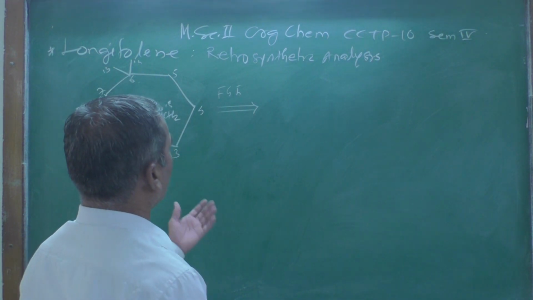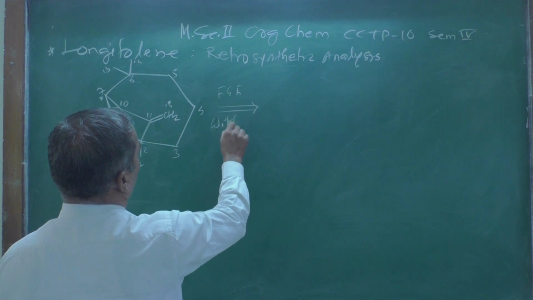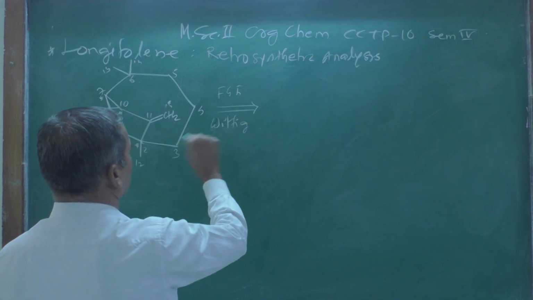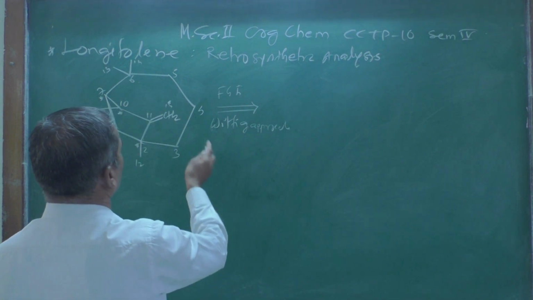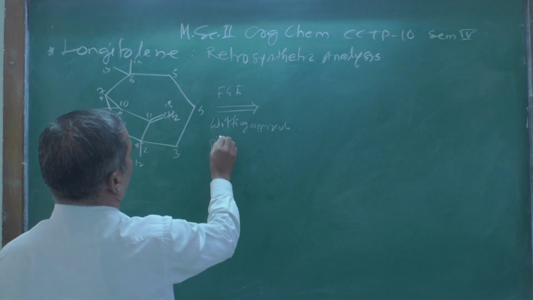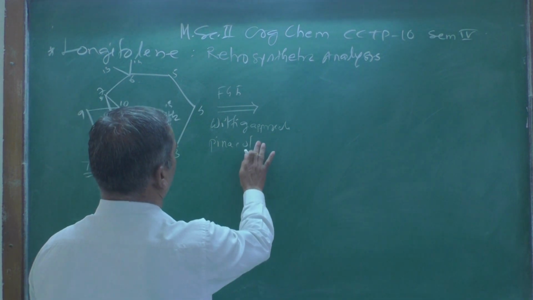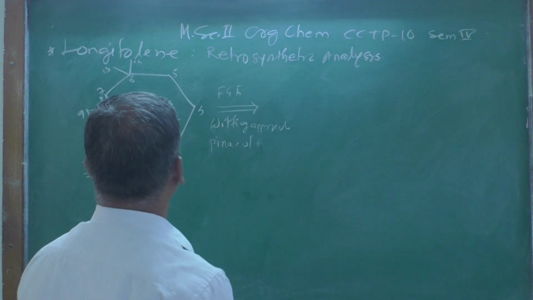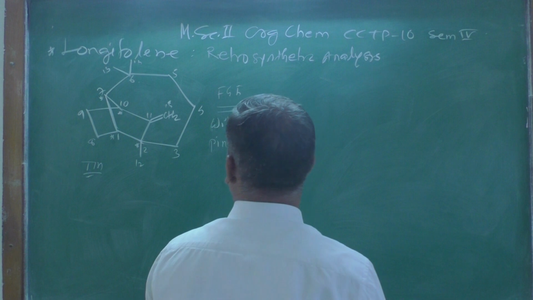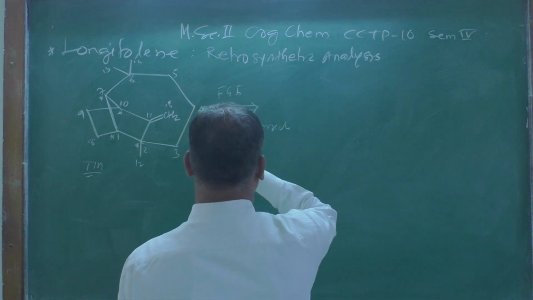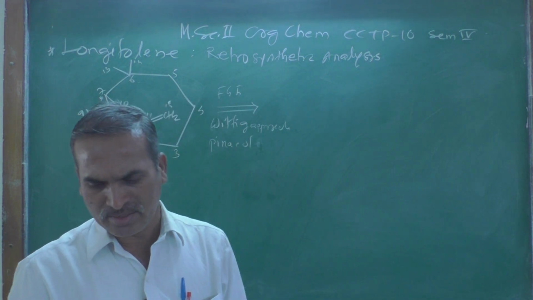Then here we can use the Wittig approach, as well as another approach, that is the pinacol rearrangement, and by using these two approaches you will end up with a compound like this.